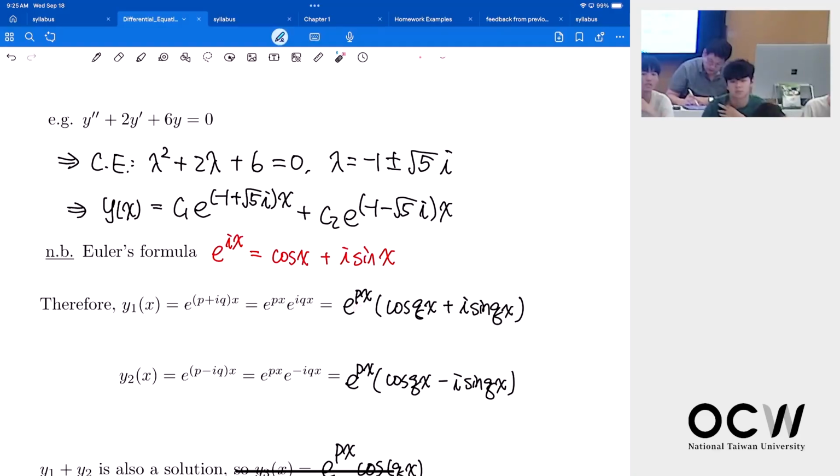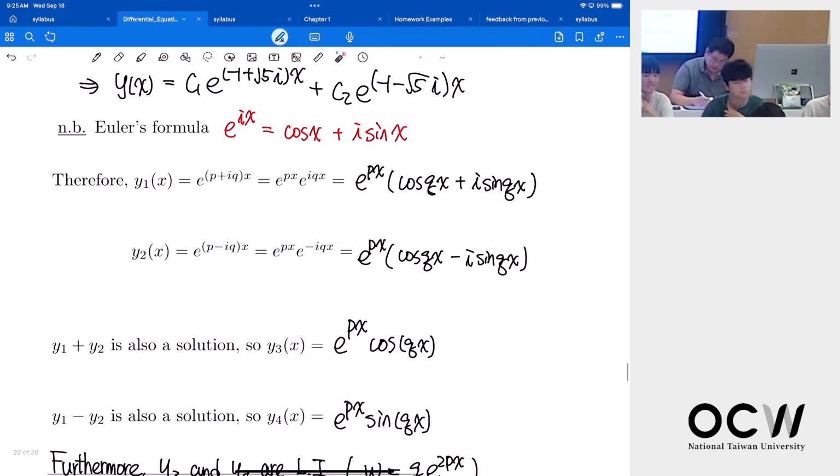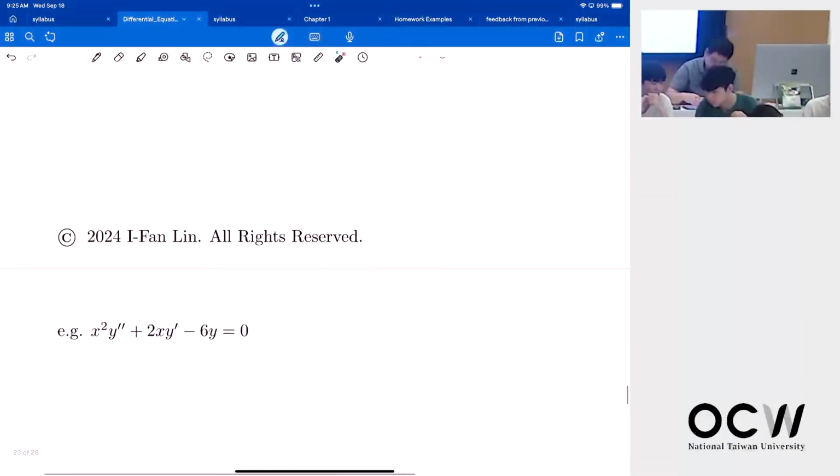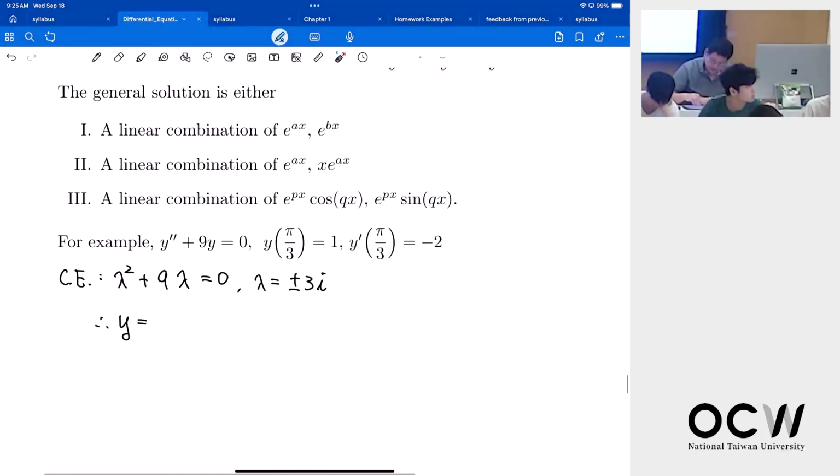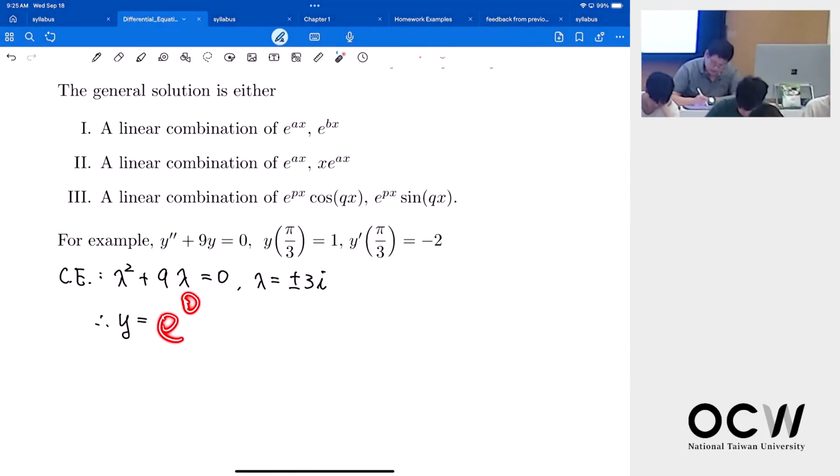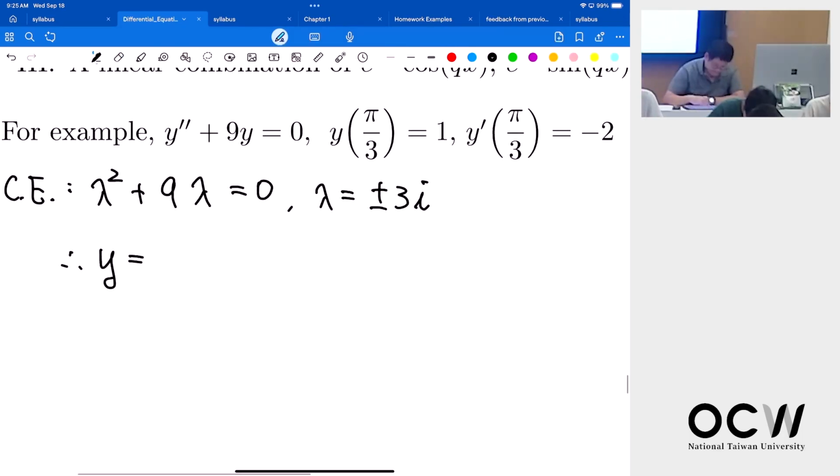Actually, you don't have p, right? p is like the coefficient for y prime. So p is 0, which means exponential of 0x is 1. So I only have cosine 3x and sine 3x.